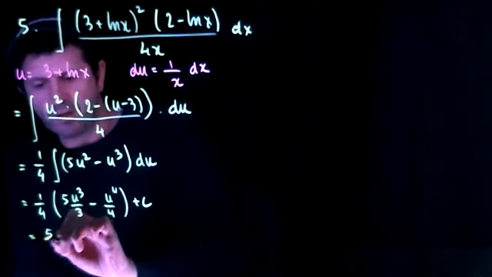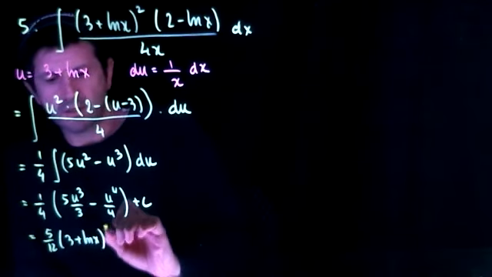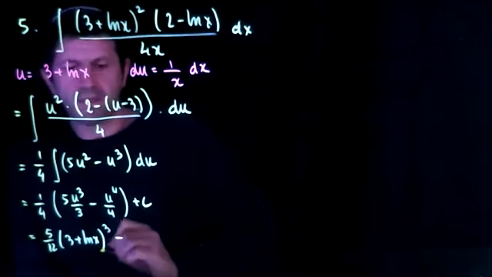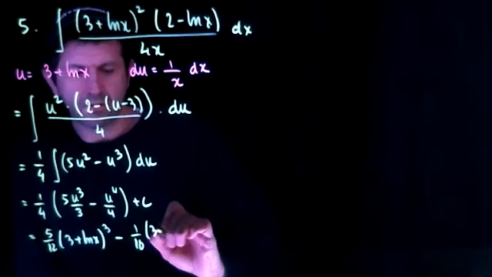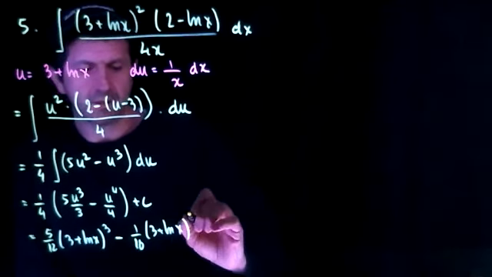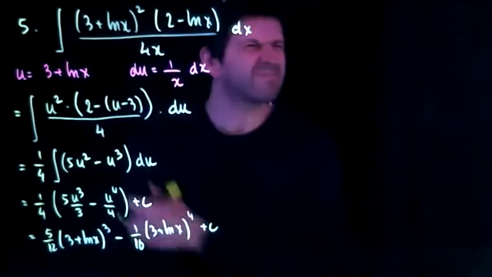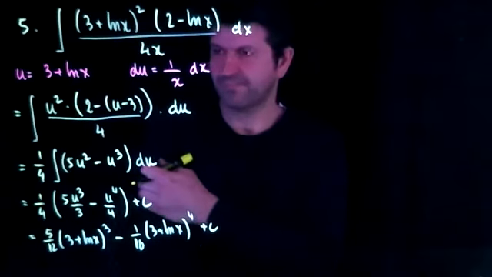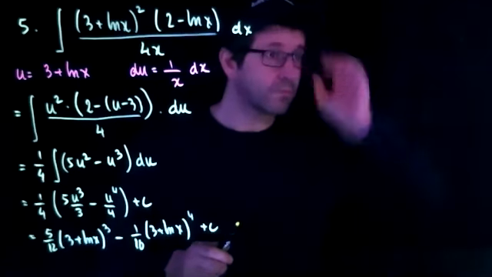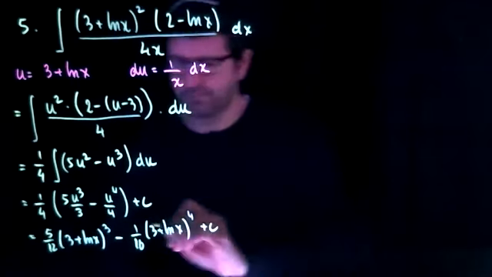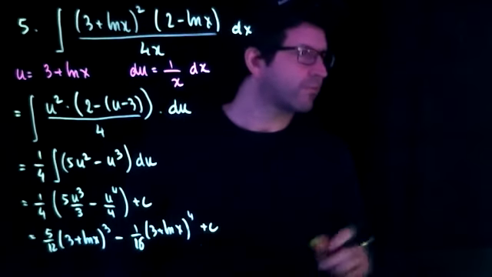So I have 5 over 12, 3 plus ln x cubed minus 1 over 16, 3 plus ln x to the 4. Let's see. Okay, so that was number 5.